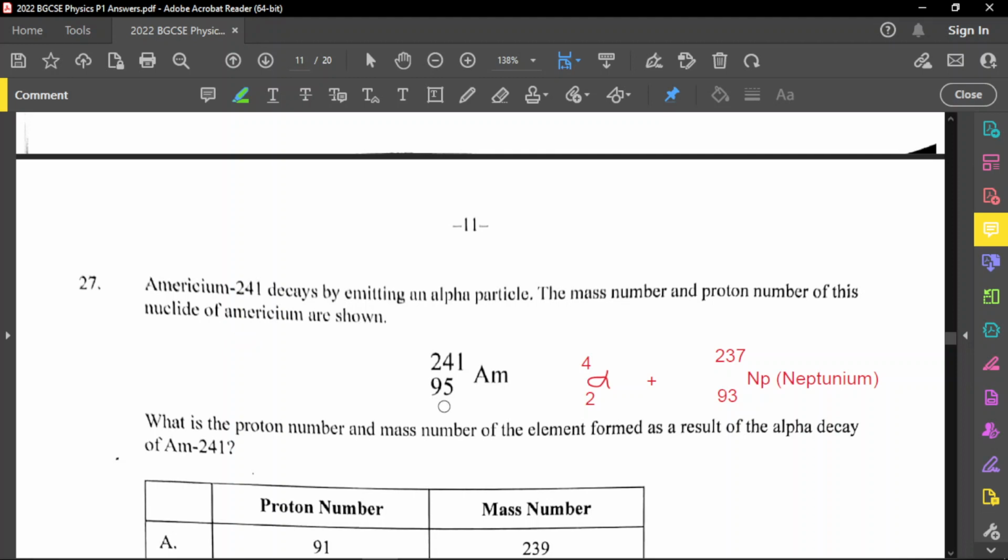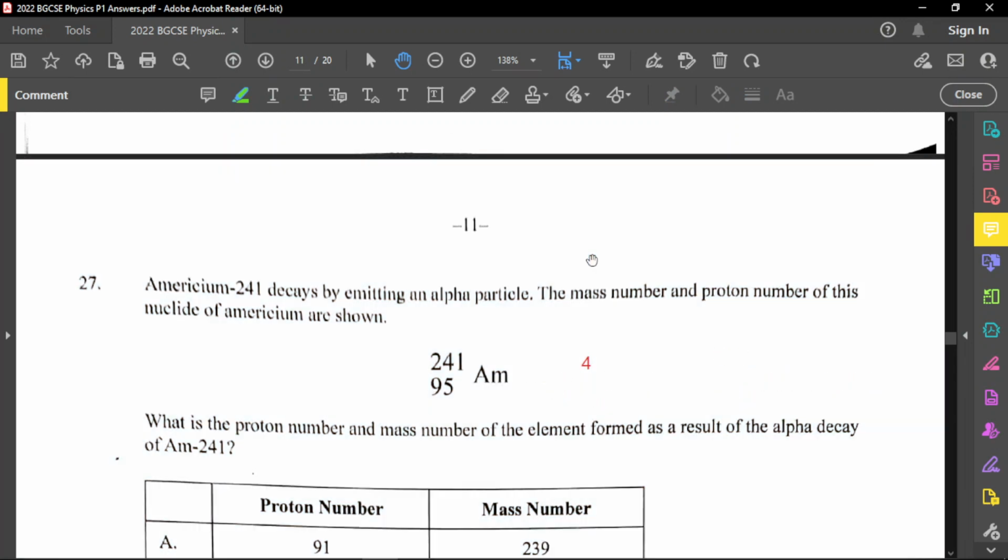So here we start with the americium, which is 241 and 95, and it emits alpha particles. I'll put the arrow in. This is going to give the product. Emit means give off, just to make a note of that. It actually gives off the alpha particle.